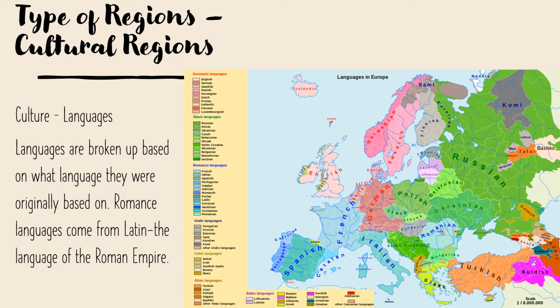And then cultural regions. You can pick all sorts of different ways to divide things up based on culture. But one of them that we are looking at is language. And languages are broken up based on what language they were originally from. So, for example, the Romance languages, they're not about being romantic.